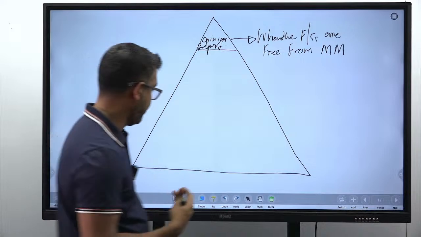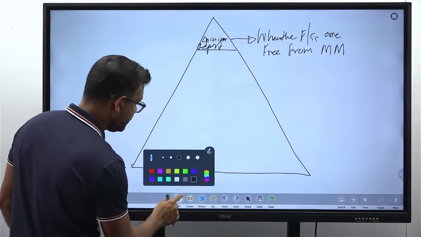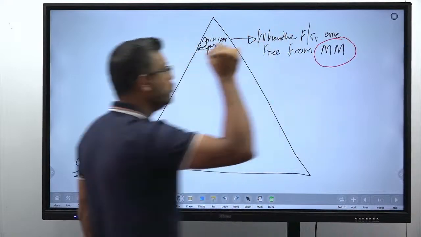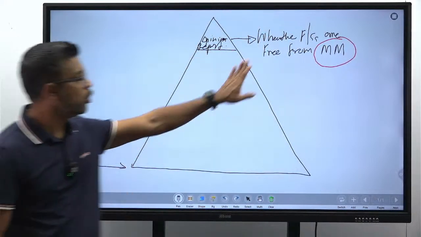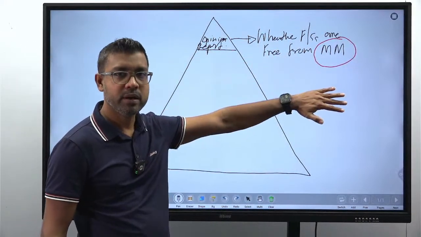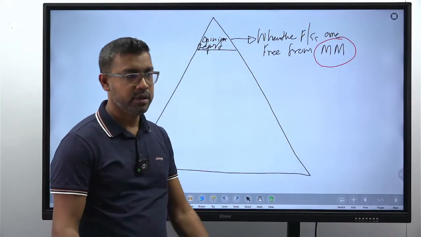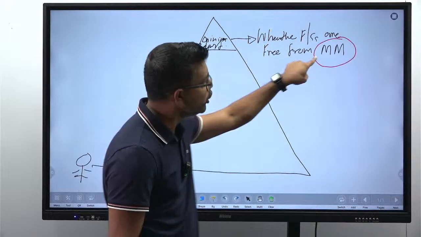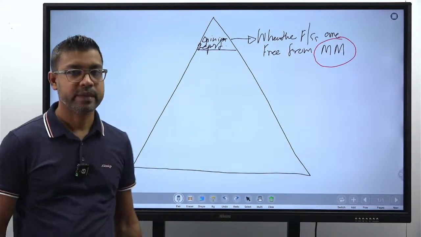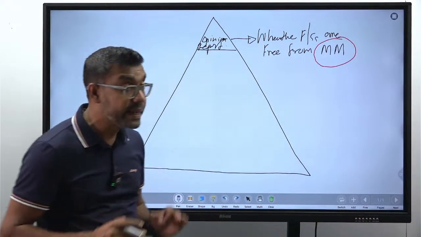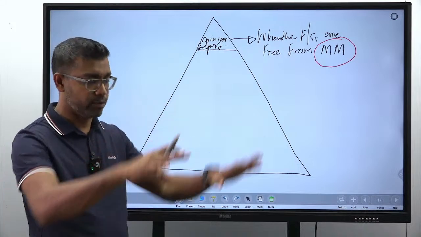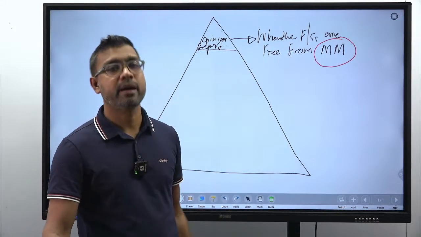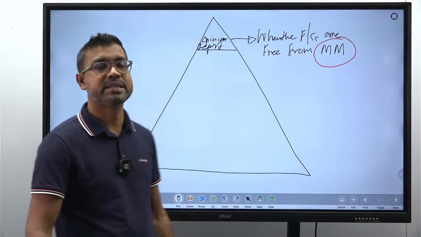For me, this is the golden word, the golden MM in auditing. Throughout this journey of auditing, you cannot forget this MM. MM stands for material misstatement. In Sinhala, we say ප්‍රමාණාත්මක සාවද්‍ය ප්‍රකාශන. Material misstatements.